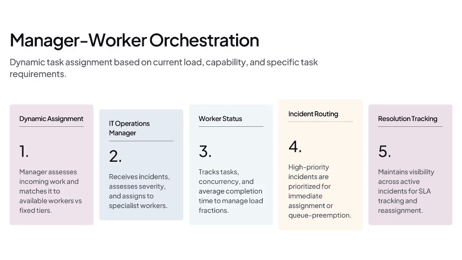All right, we move to the next one, section 3.5, where we have the manager-worker orchestration model. Here, one manager agent assigns work to worker agents. The manager agent receives, classifies, checks priority, selects a worker, tracks progress, and reassigns.